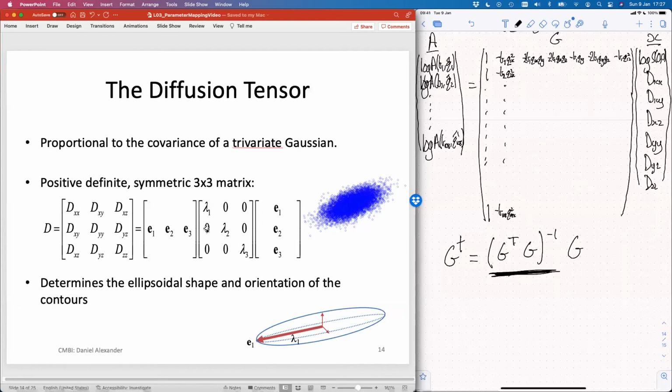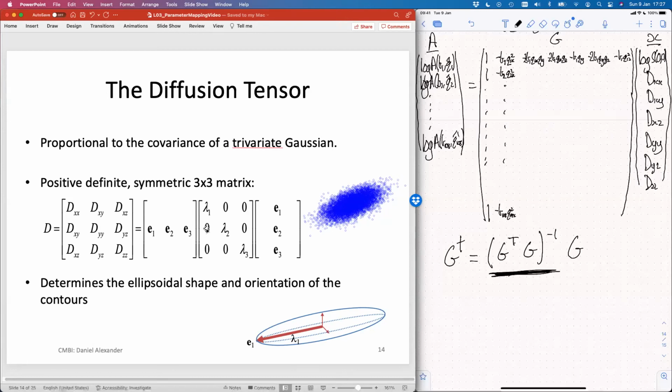So we'll get back to some of those in a minute, but before we do, let's just think a little more about what this diffusion tensor is and what it can tell us both about the dispersion pattern and about the underlying tissue. So there's an inherent implicit assumption in diffusion tensor imaging that the dispersion pattern is a trivariate or three-dimensional Gaussian distribution.